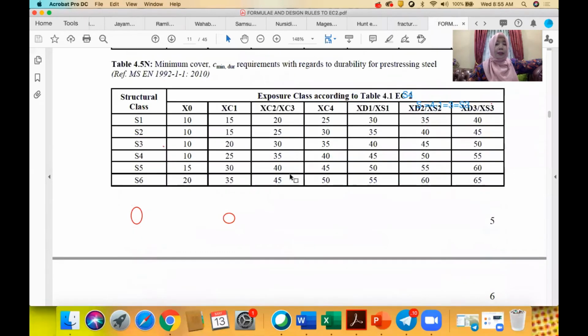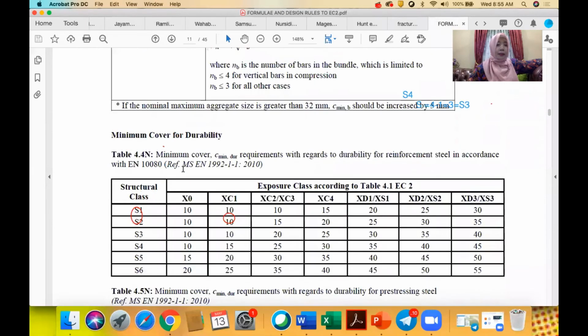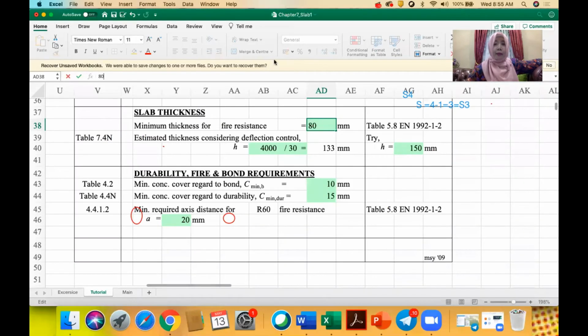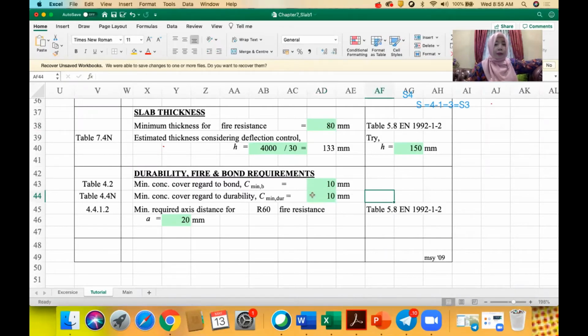Therefore, sorry, this is 10 millimeter. Change it to 10. Now we have minimum cover for durability is 10.